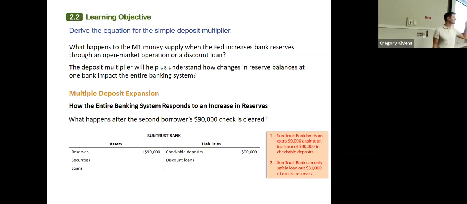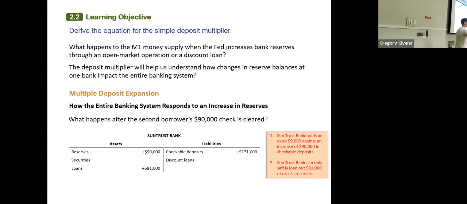Suntrust is going to have an incentive here, again, just like PNC, to loan out as much of their excess reserves as possible. And so they're going to identify a third investor in this example to make a loan to, and they're going to credit the checking account that that investor has with Suntrust Bank in the amount of $81,000, bringing total checkable deposits at Suntrust to $171,000.